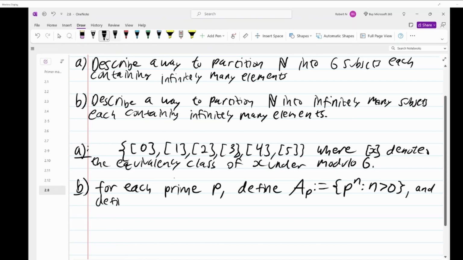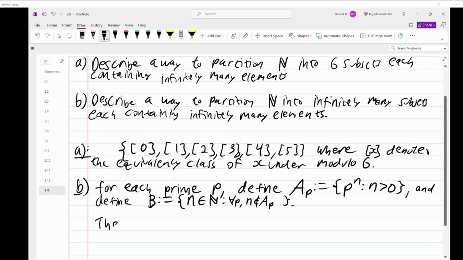And then define B to be n in the naturals such that, for all P, n is not in A_P.